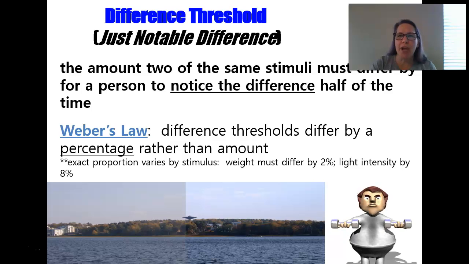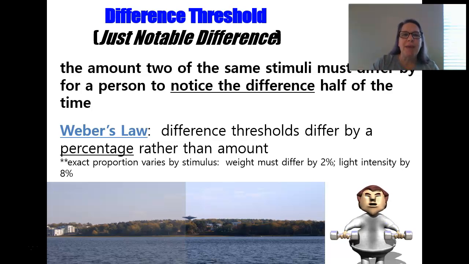And then the next one, and again, a set of confusing pairs here, so you want to put a star next to those. The next one is difference threshold, or it's sometimes called just noticeable difference. And that is sometimes abbreviated to JND, so write that down for yourself as well.